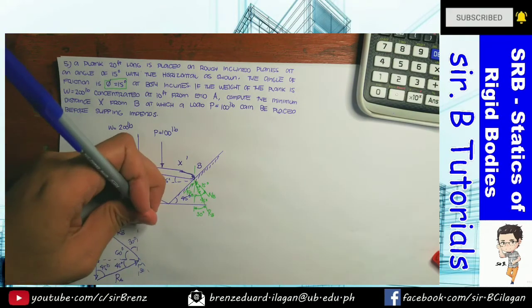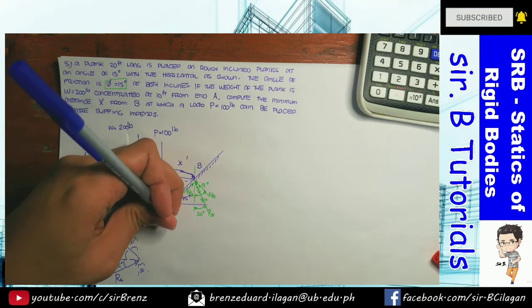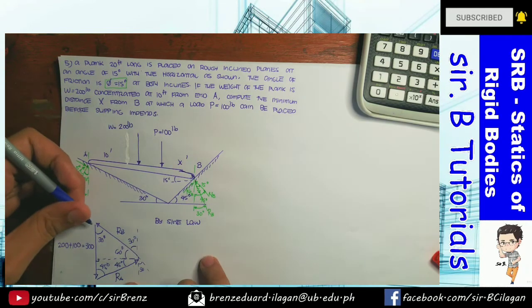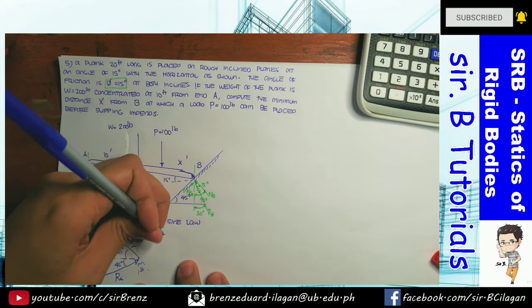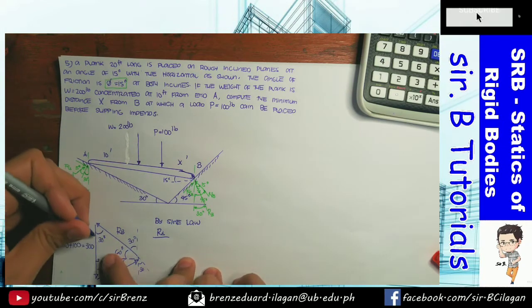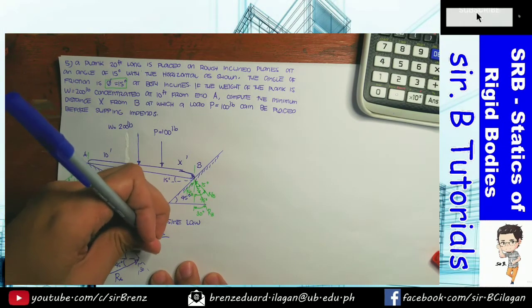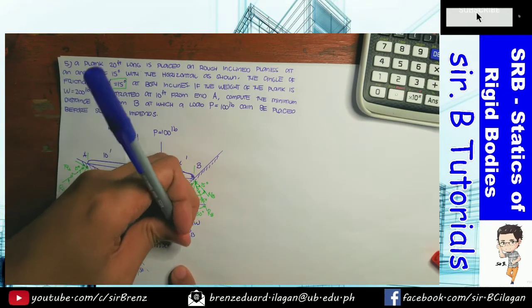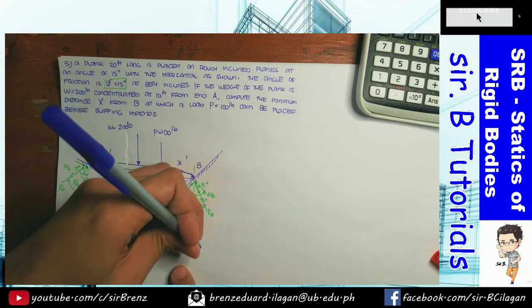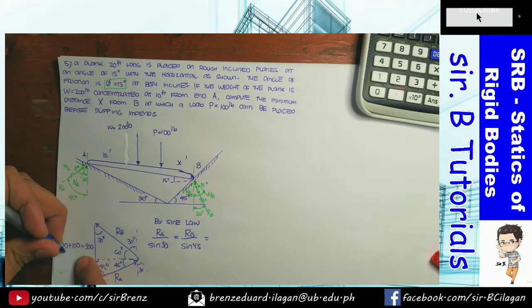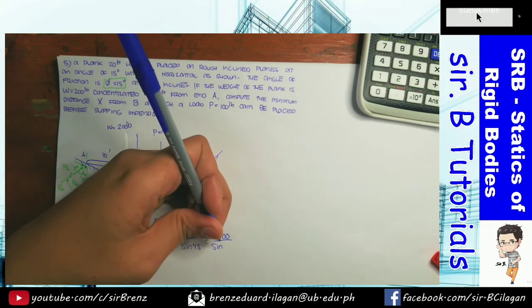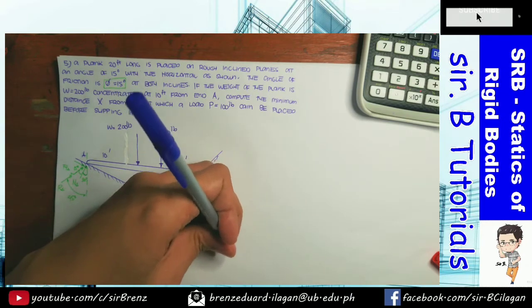Alright. So, by sine law, mahanap natin yung value ng RA and RB. So, RA over, ano ba yung katapat niya ngayon? Sine 30. And then RB, sine 45. And then yung 300 mo, so sine ng 105.